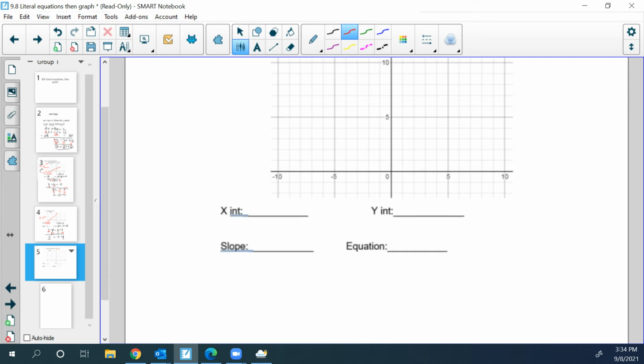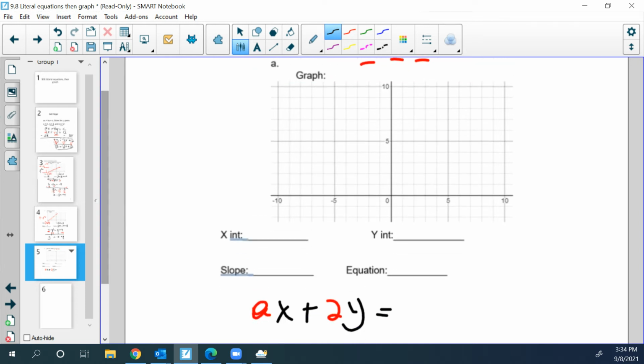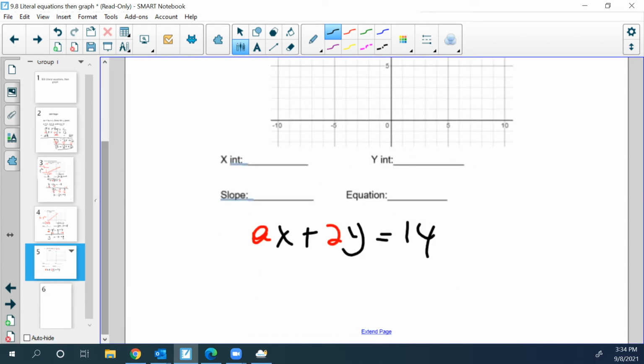So we have Ax plus By, which is going to be 4x plus 2y, and that's going to equal 14. All right, so let's solve for y here.